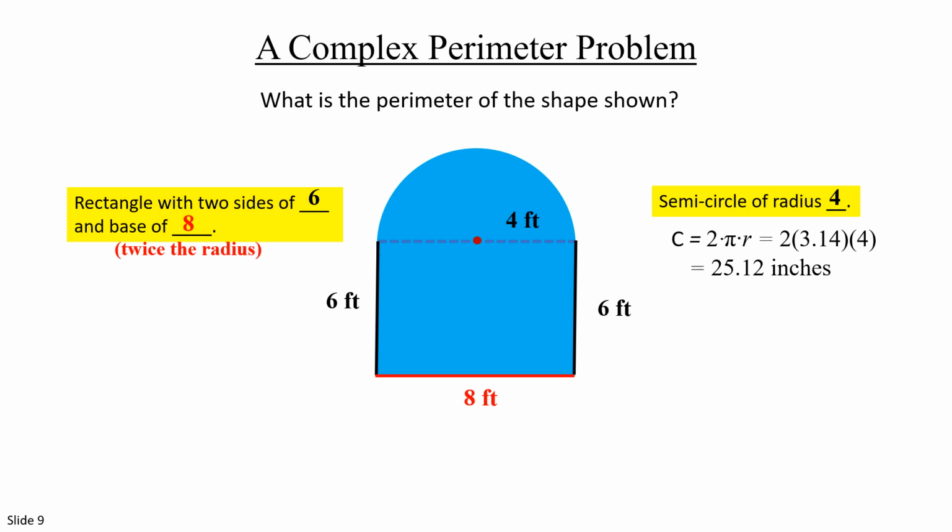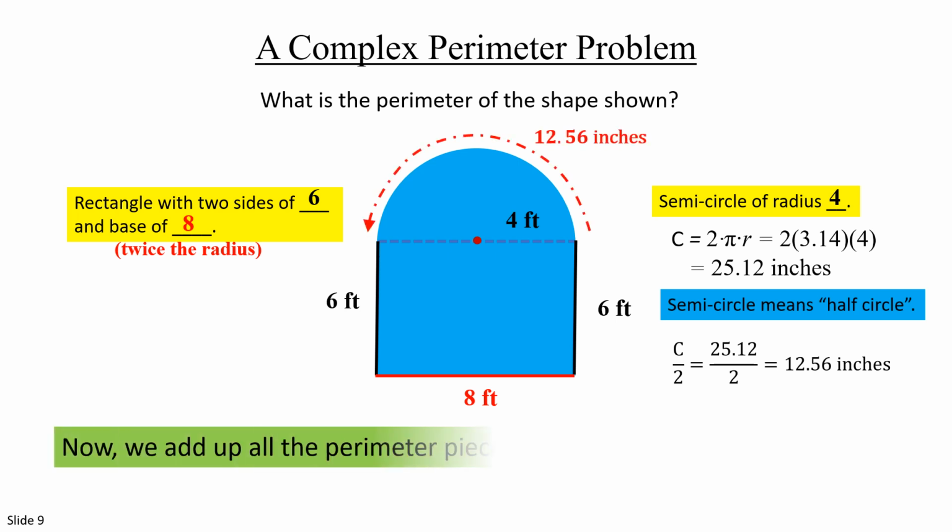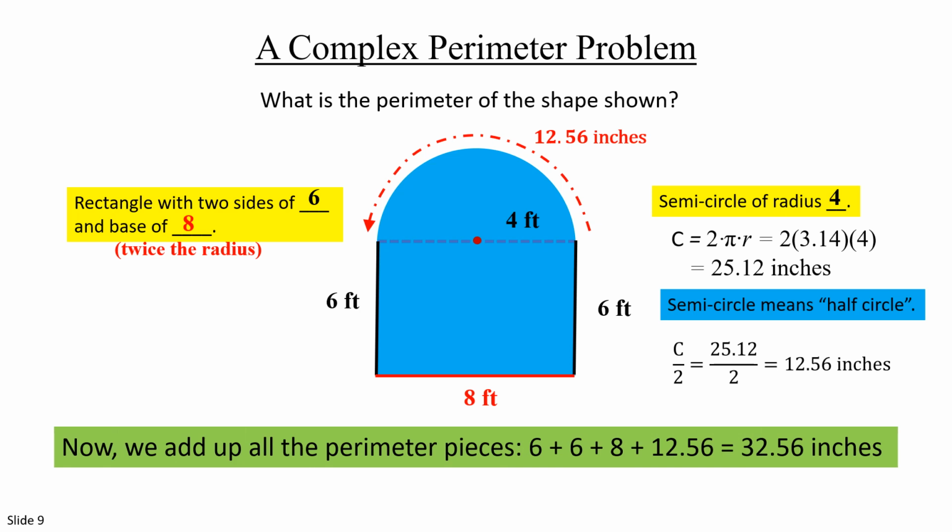But we only want half of it, so I'm going to divide by 2 to get 12.56, and then we just add up the sides. So we've got 2 sides of 6, a side of 8, and a side of 12.56. And we end up with 32.56 inches.